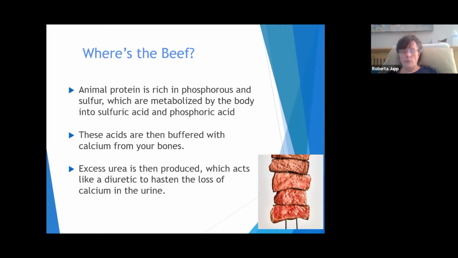So the body has to buffer that, which creates extra urea, and the urea makes it act like a diuretic. So it hastens the loss of calcium in the urine. We lose calcium faster when we have more urea, and we get the urea from the animal protein.